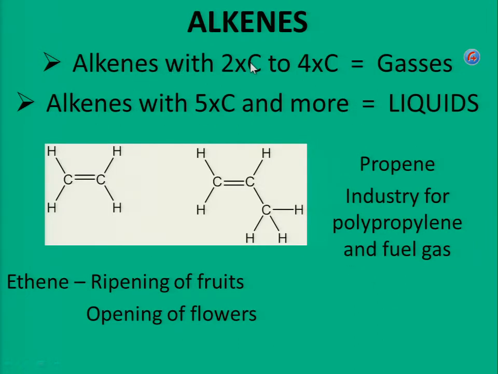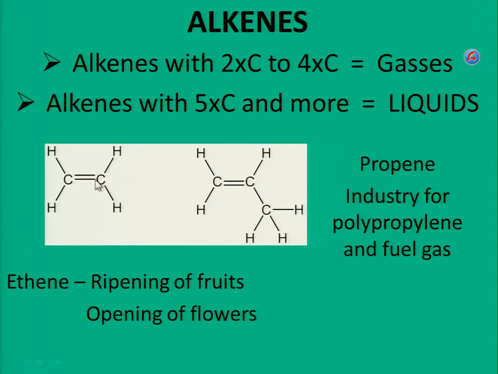Alkenes with 2 carbons to 4 carbons are gases, and alkenes with 5 carbons or more are liquids. For interest's sake, ethene is the product that causes the ripening of fruits and the opening of flowers.